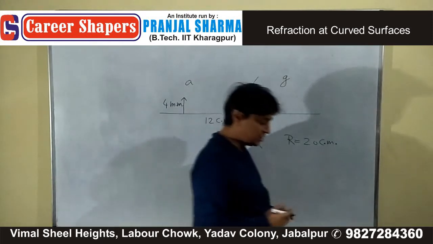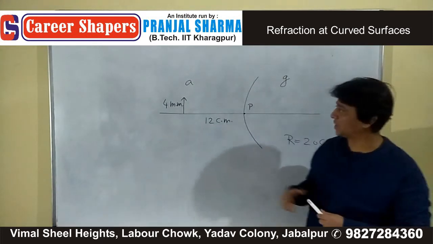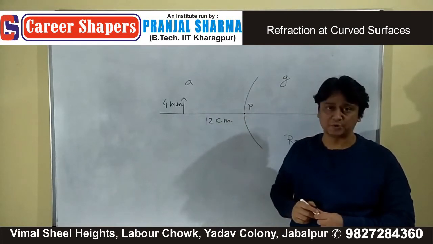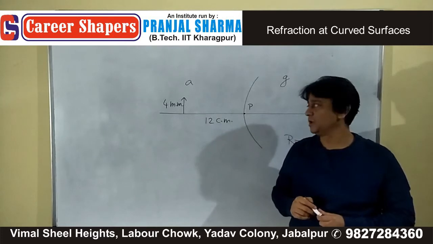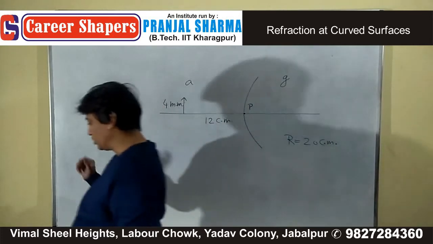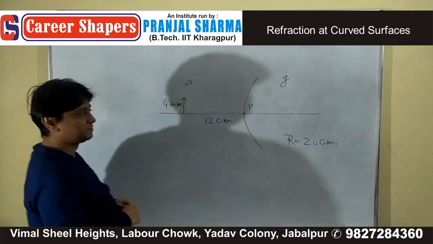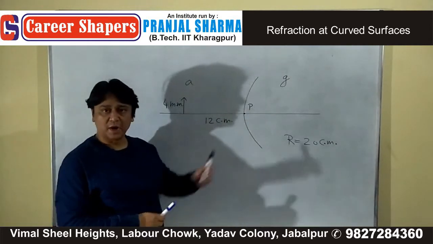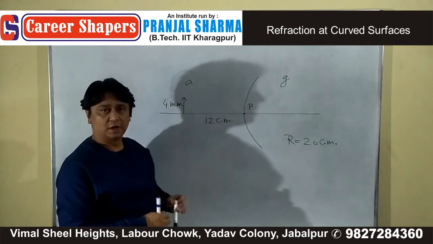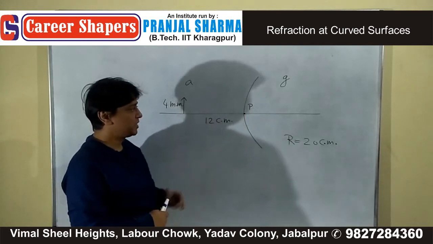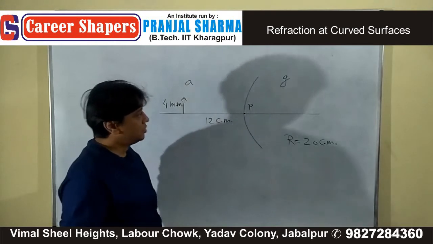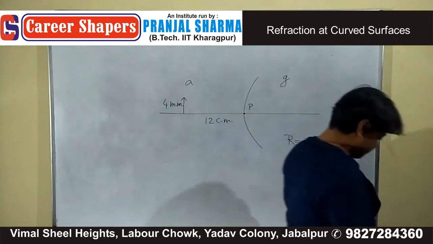The question is, we need to find out everything about the image. Everything about the image means its position, what type of image it is, real or virtual, in which medium it forms, whether it is upright or inverted. All these things you need to investigate about the image. So write down the question.